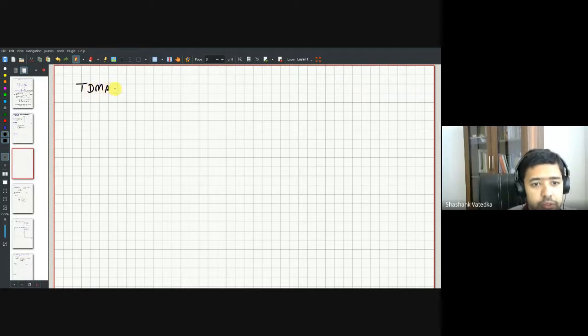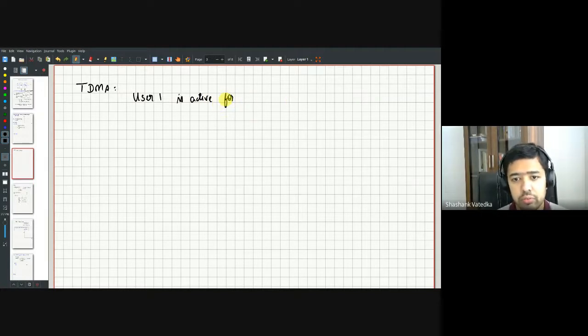So we have time division multiple access, wherein, say, user 1 is active for maybe alpha fraction of the time, so maybe alpha n channel uses, for some alpha between 0 and 1.